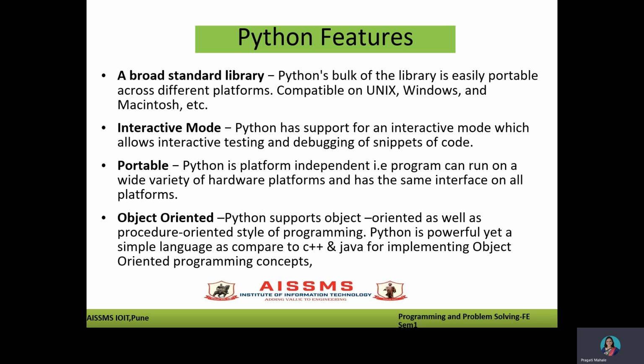Right. Next, it is a portable language. Python source code is available, and it has its own official website. It is an open source language, and it is portable and supports cross platform, like it can work with Windows, Linux, Unix, and it can work on various portable devices as well.